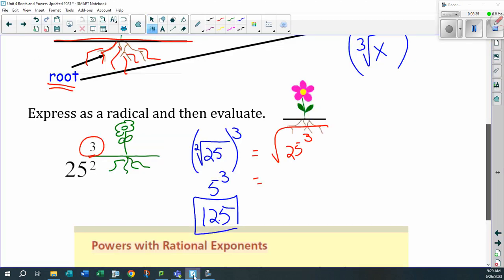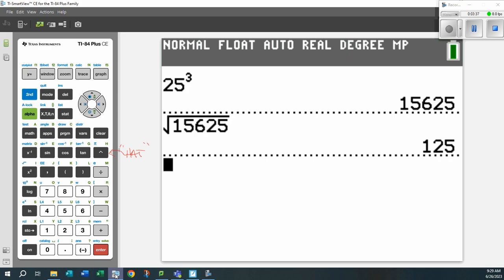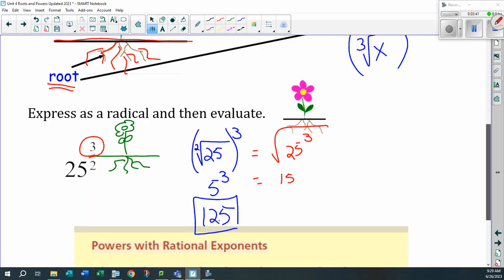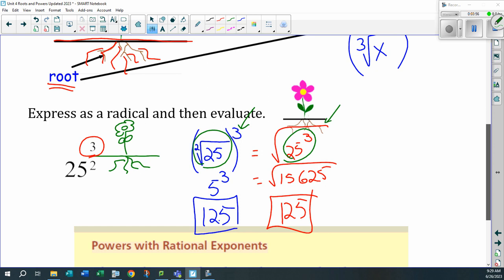Okay, let's put all these numbers down here. So just for reference, 15,625. Let's put that down first. 15,625, and then we square rooted this, and we got the same value of 125. So the point is, it doesn't matter if you square root first and then do the power, or do the power first and then do the square root. It gives you exactly the same answer.